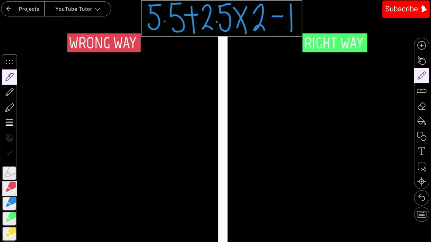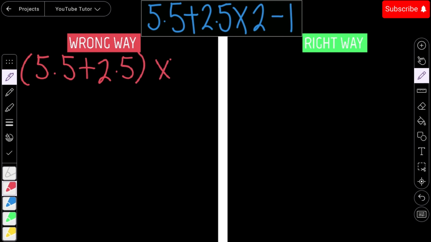Now, the wrong way in which when you do this question, you are going to get an incorrect answer is what I illustrate here. 5.5 plus 2.5. When you put that in parentheses, then you now multiply and group 2 minus 1 also on one side like that.